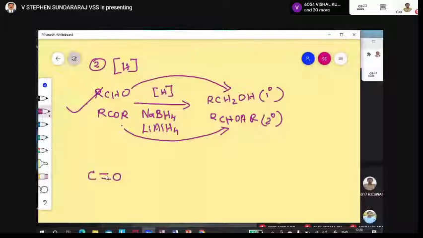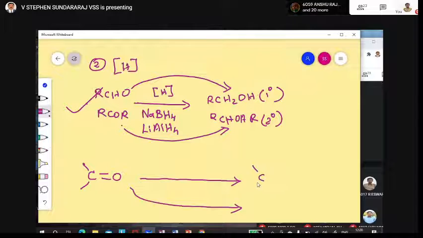In another one also the same thing: this C will be there, and here the C=O double bond will be completely removed. Here one valency hydrogen, another valency hydrogen, so this will become CH2. Right? All of you understood that? Okay, now you just note down that point first.